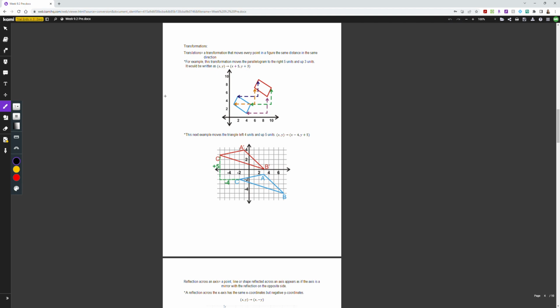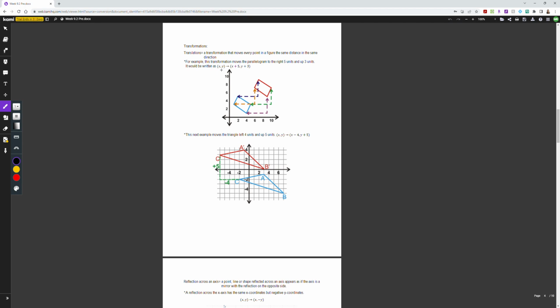Let's look at this transformation. It moves the parallelogram, and this is the original. It moves it 5 units to the right and 3 units up. How we write it is a little different from your functions. The original is (x, y).